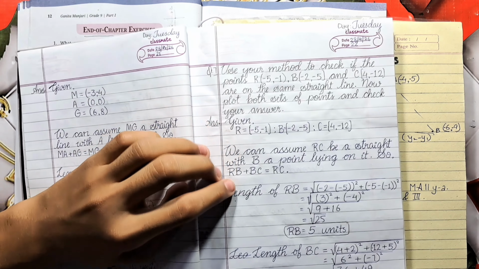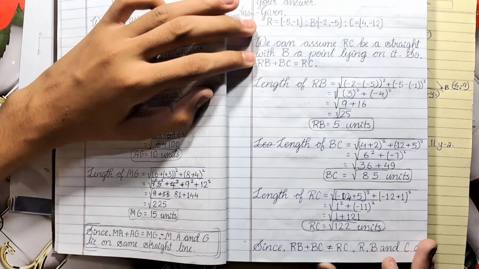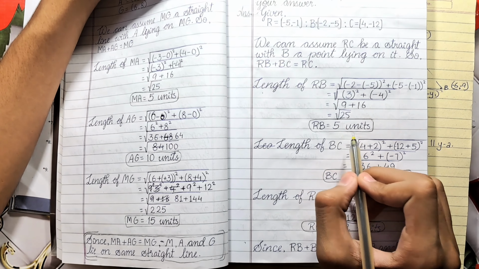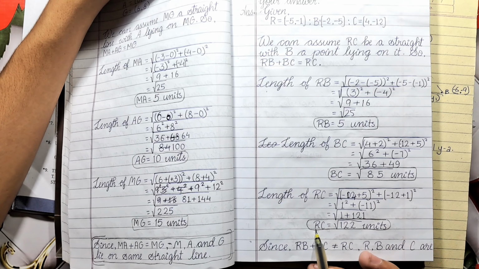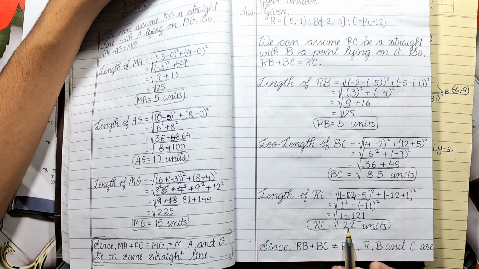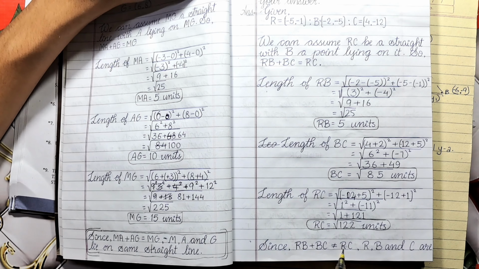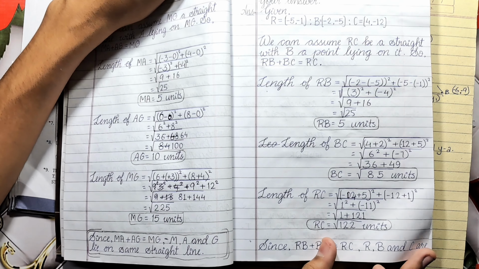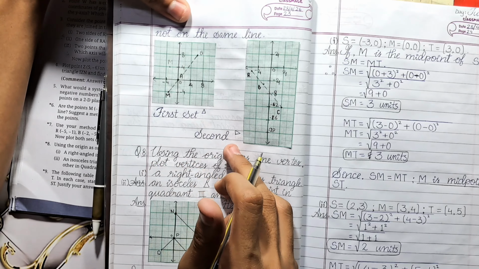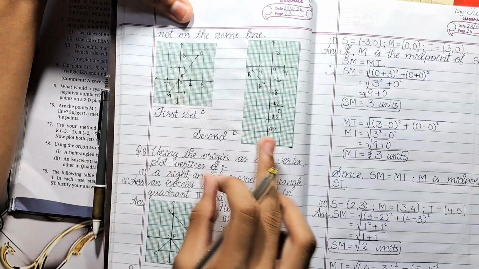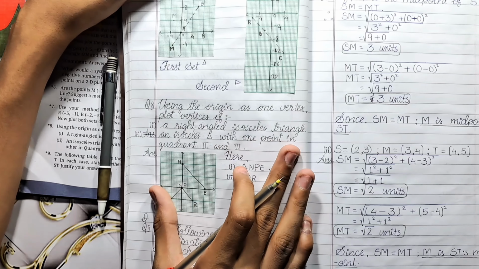The length of RB is 5 units, the length of BC is root 85 units, and RC is equal to root 122 units. Here RB plus BC is not equal to RC, so R, B and C are not on the same line. So the first set and second set are here. Very simply explained. Let us move on to the last question of this video.